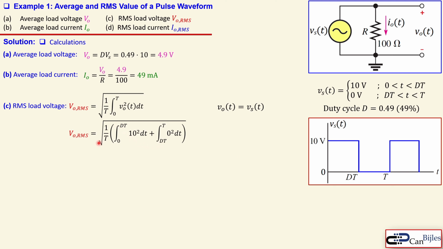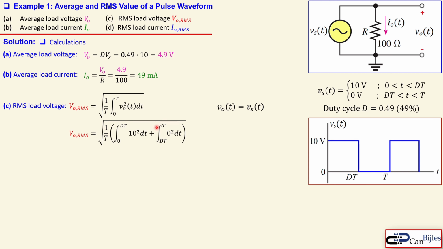That's shown here, so the square root is then longer, and you have this split in two, from 0 to dT, and then from dT to T. In the first part, 0 to dT, your VO or Vs, which is exactly the same, is 10. You square that, but for the second part it is just 0, and you square that. I'm making it really straightforward. We don't know what the period is, it's not given, so we just keep it as it is.